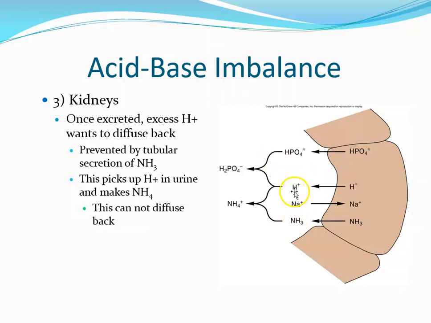This NH3 will pick up the hydrogen ion and create NH4. Once it is in this state, NH4 cannot be reabsorbed back into the tissues, and this will create a permanent loss of that hydrogen ion. Notice too, for every hydrogen ion that is secreted, we see a sodium ion being reabsorbed.